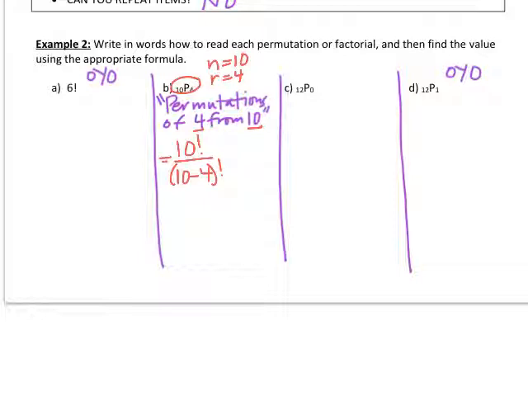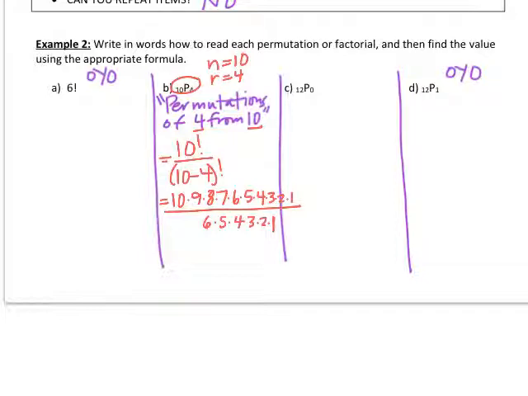And if we write this out completely, I would have 10 times 9 times 8 times 7, as you know, over, and 10 minus 4 is 6, so I'm just going to have 6 times 5, and keep going all the way down to 1. All right, so what are the things we can cancel?